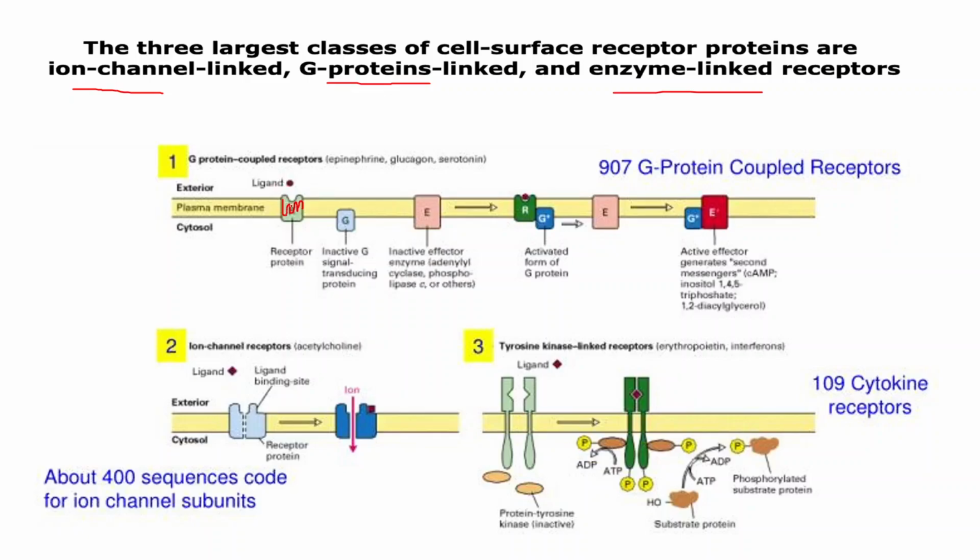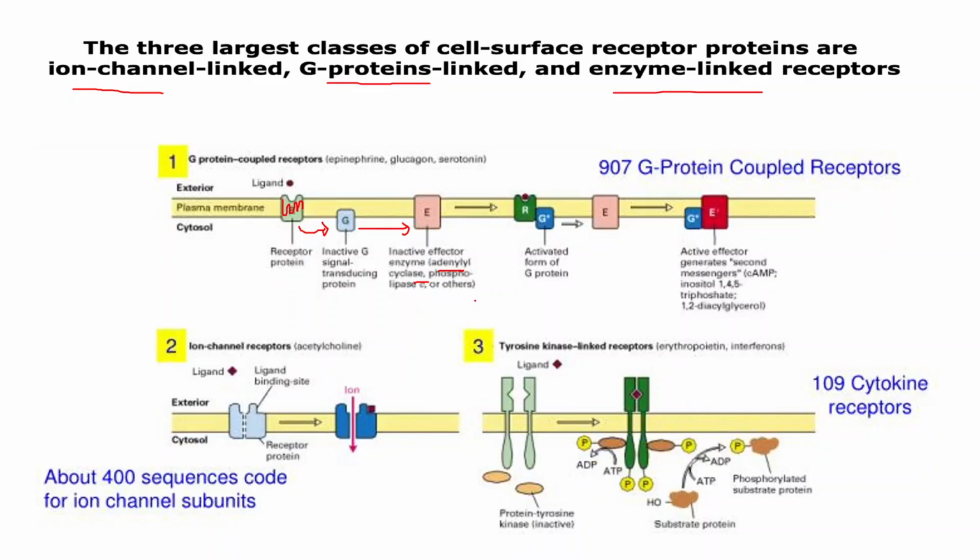Once the ligand binds to this G protein coupled receptor, some conformational changes occur, and the signal is transduced to the G protein, which is present in an inactive form in the normal condition. When the ligand binds to this receptor, it will activate this G protein. Then this G protein will activate the effector molecule, which can be either adenylate cyclase or phospholipase C or others.